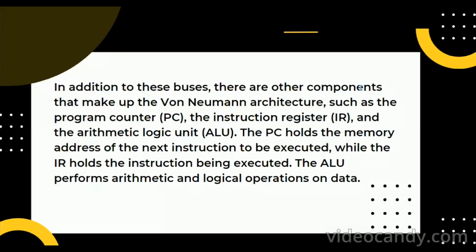Now, in addition to these buses, there are other components that make up the von Neumann architecture, such as the program counter, the instruction register, and the arithmetic logic unit.